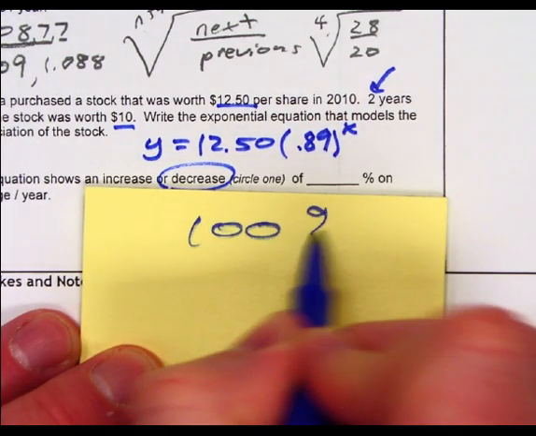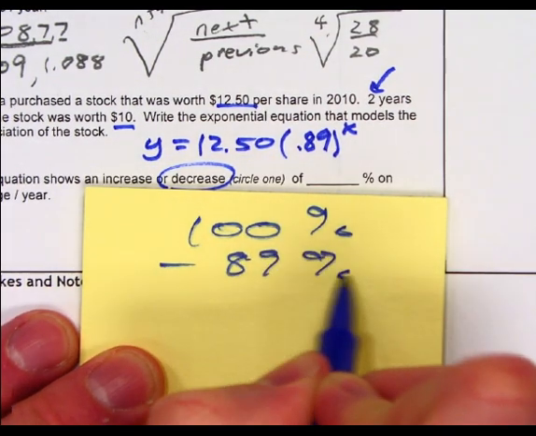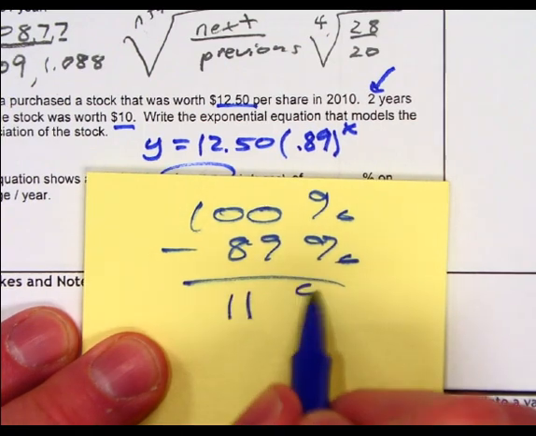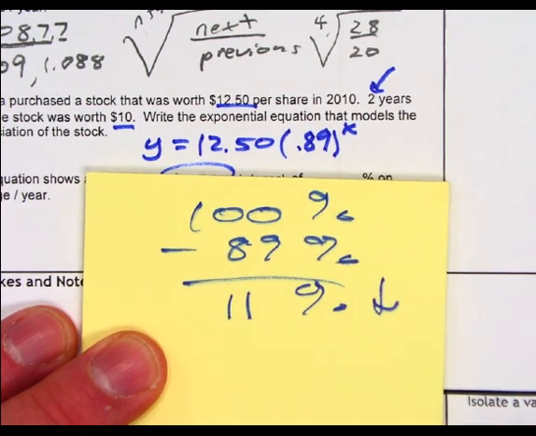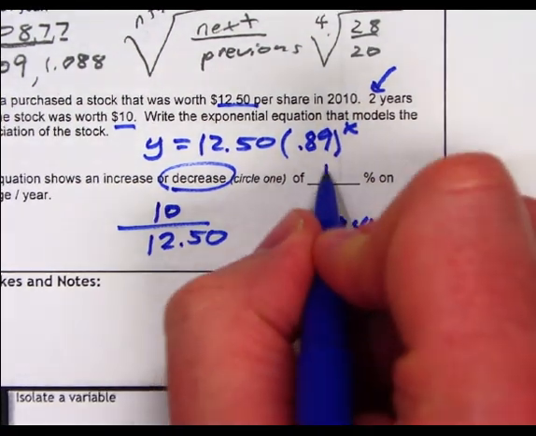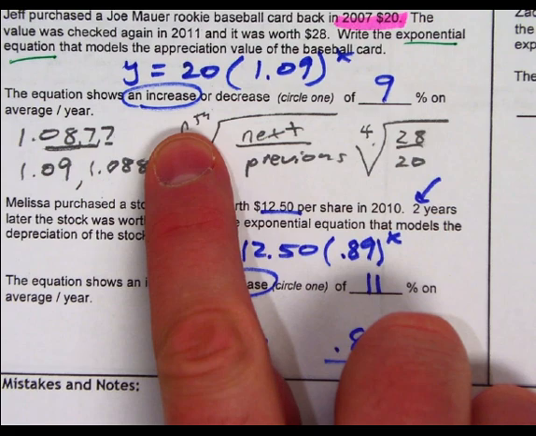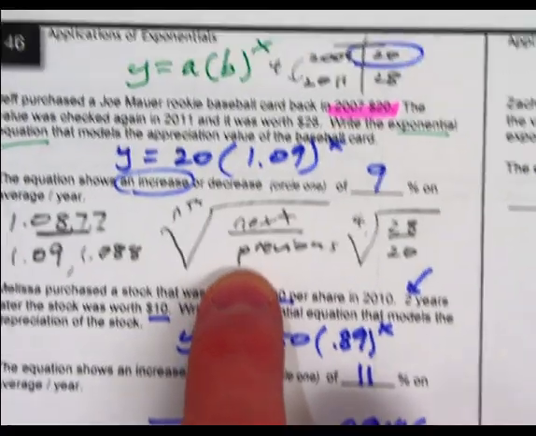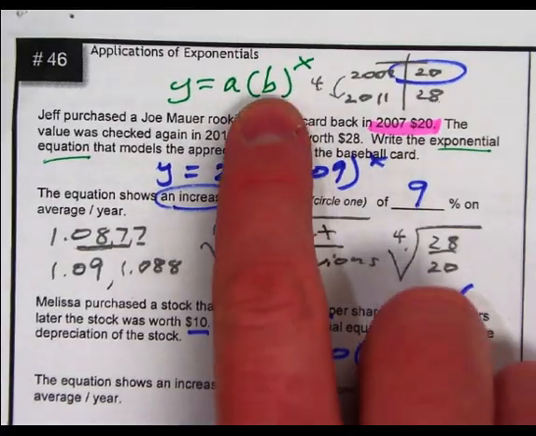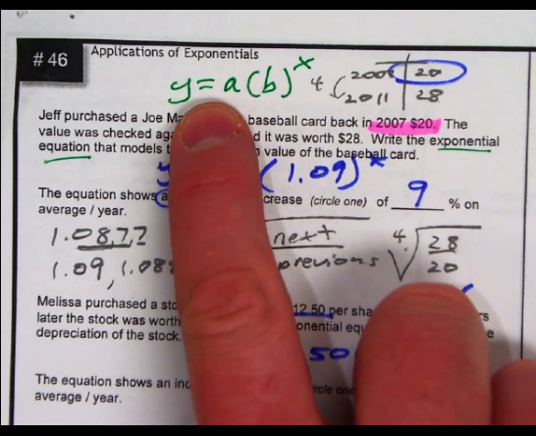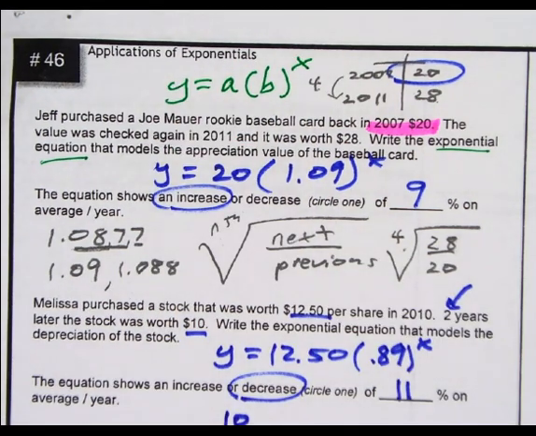So 100% minus 89% is going to show me that I'm at an 11% decrease in value. So then this becomes 11% as my answer. So the whole idea of doing the next divided by previous and then doing the nth root, that concept is something we've used extensively. That's how we find our multiplier, our b value, and then our a value is the initial value that you're given in the story.